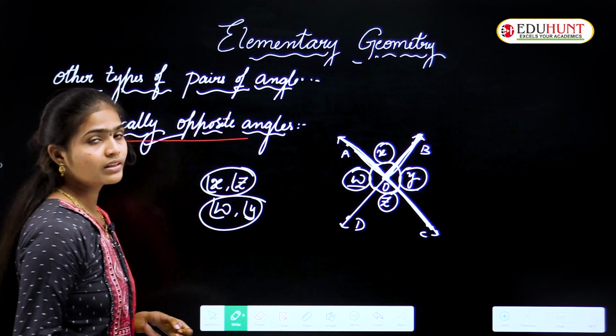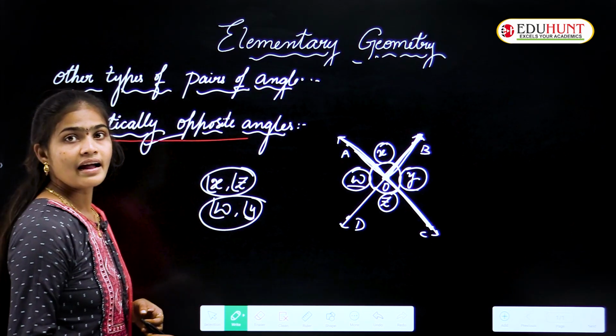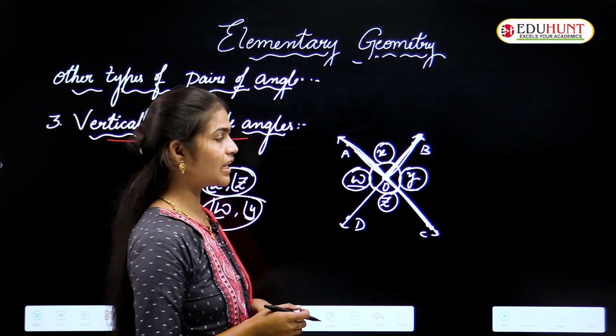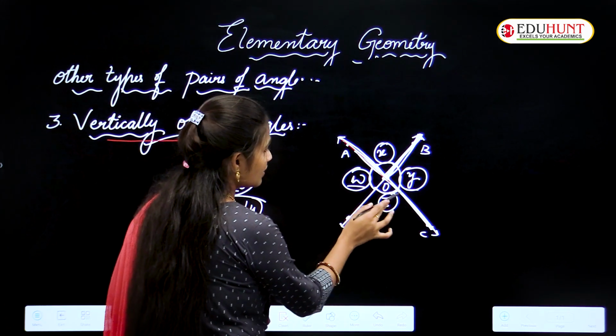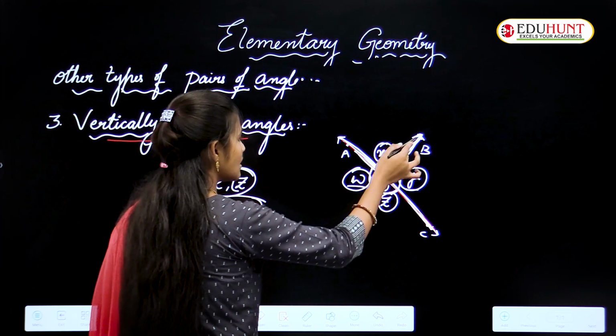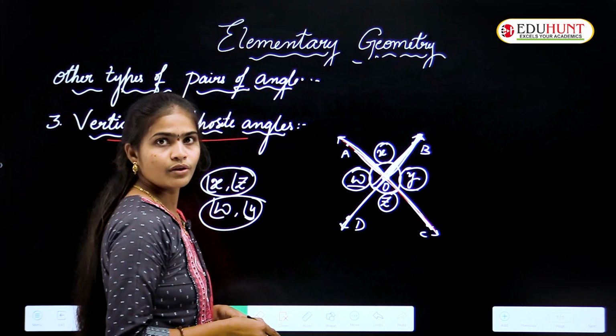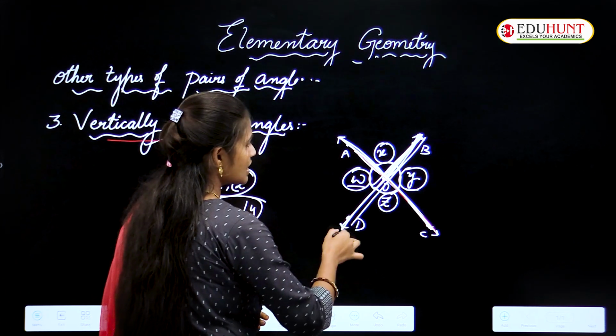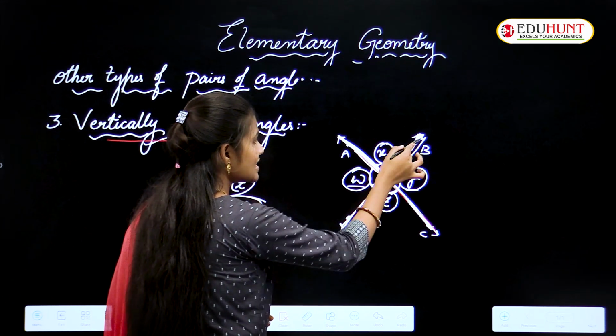And one more important point: vertically opposite angles are always equal. Why? Because this is a straight line and this is also a straight line. There is no difference here. So how much angle is formed here?